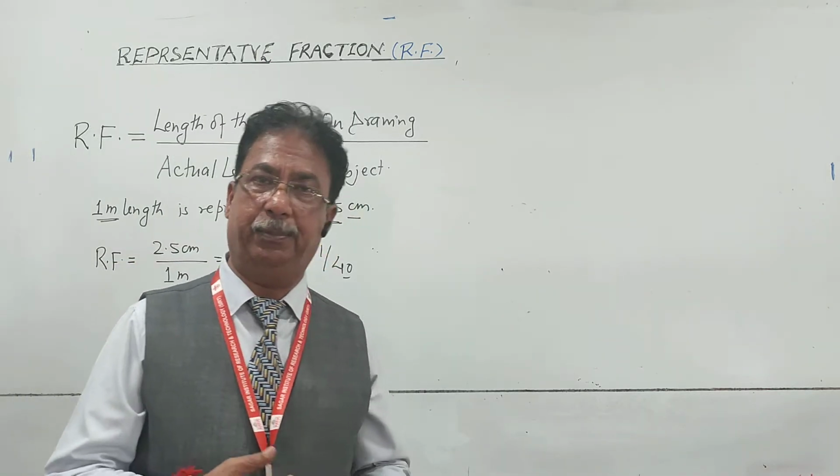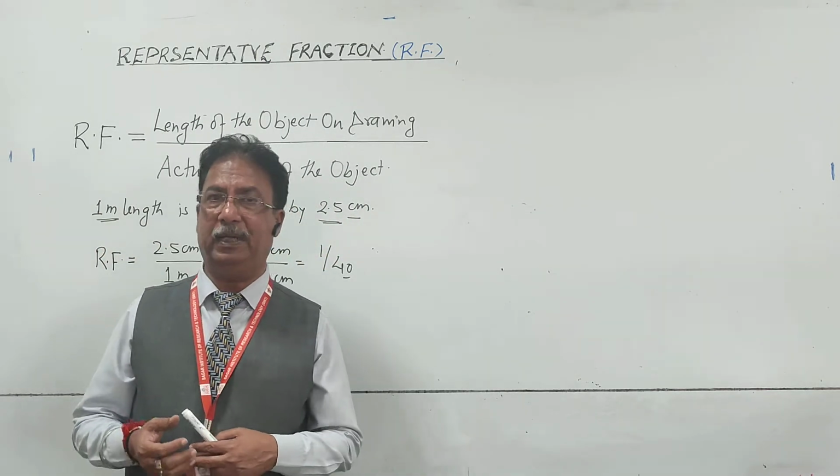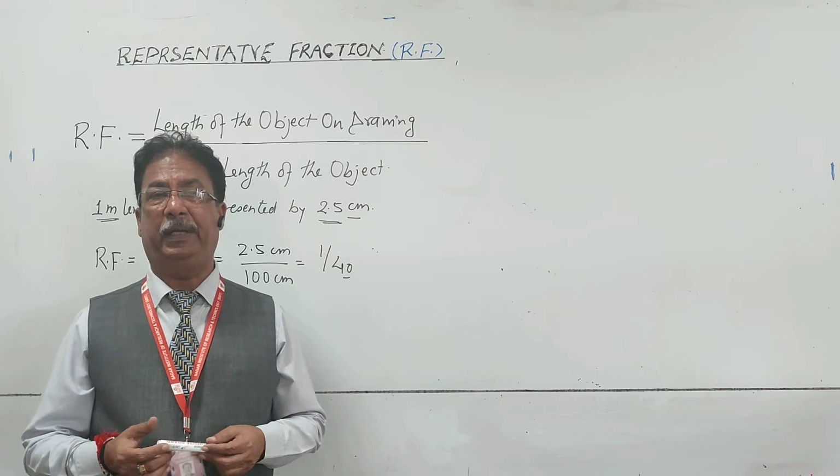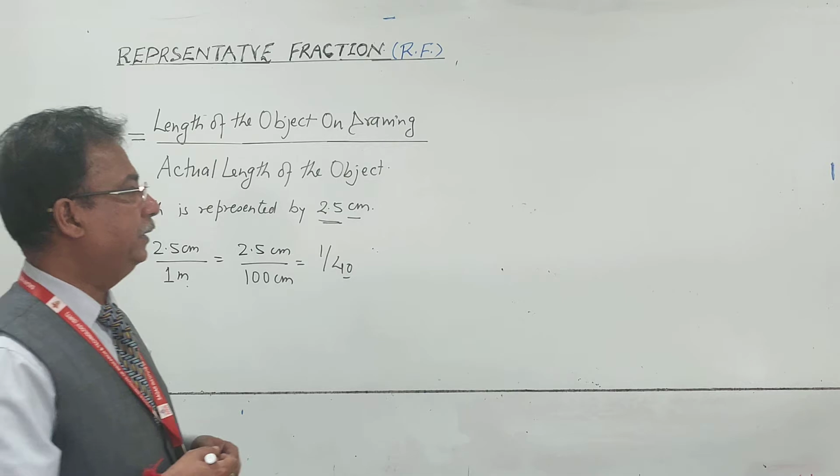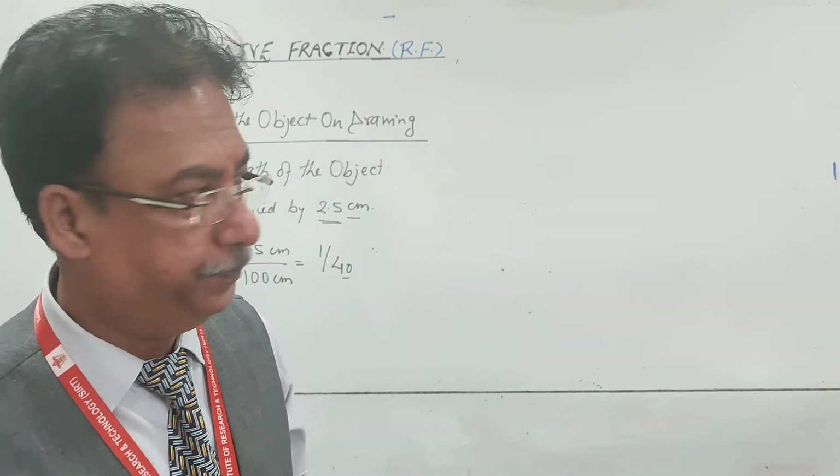Many times the proportion will be given in this linear form. But many times the proportion will be given in some different form. Another case I am going to consider here.